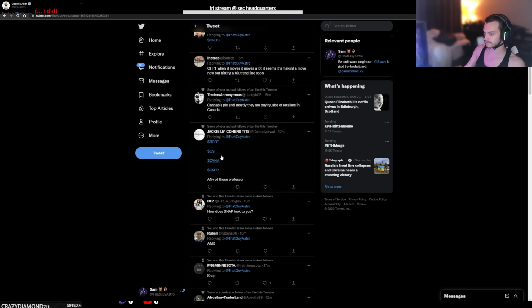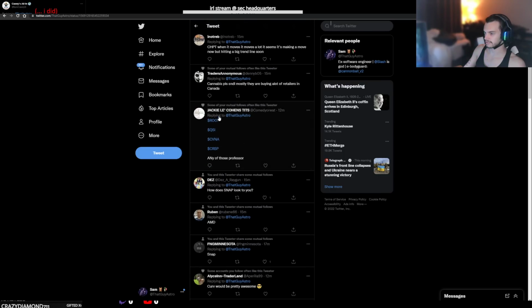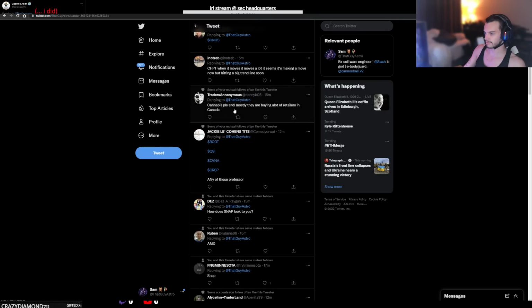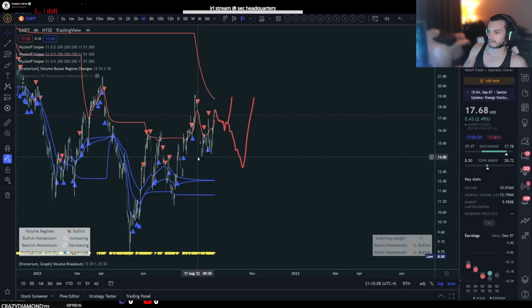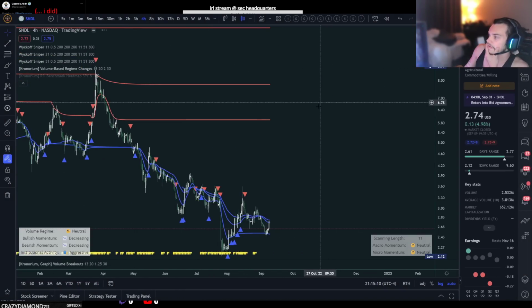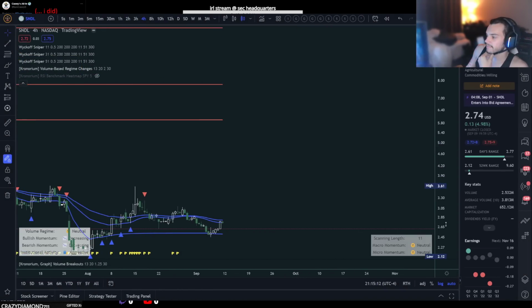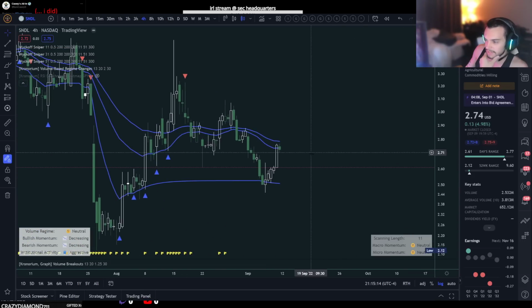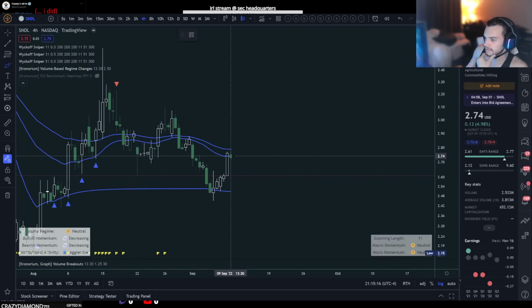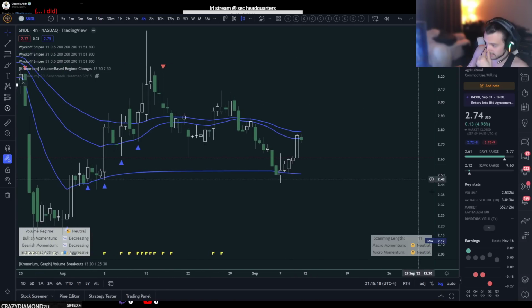Fucking hell. 4 tickers. Cannabis, please. SNDL. A lot of retail. Oh god. I mean, maybe it looks to be breaking out of accumulation on the 4 hour. Kind of got rejected though.